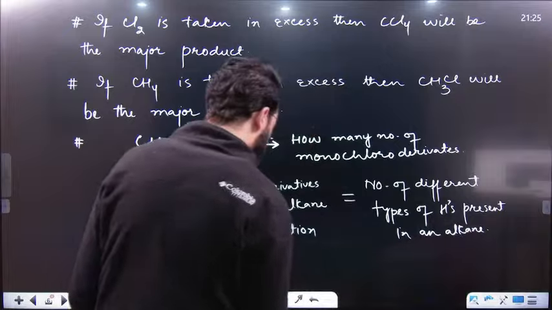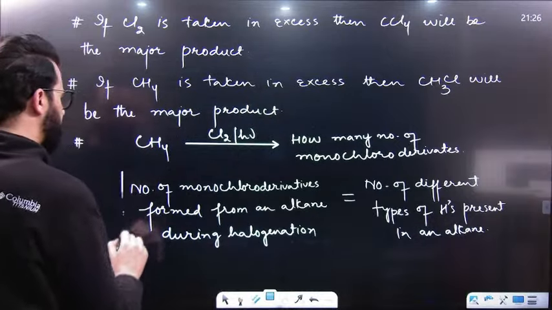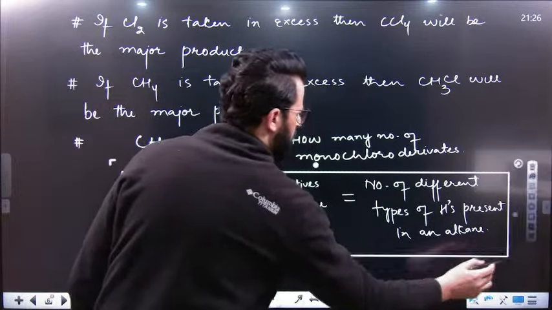That means you must know how many different types of hydrogens are present in an alkane.